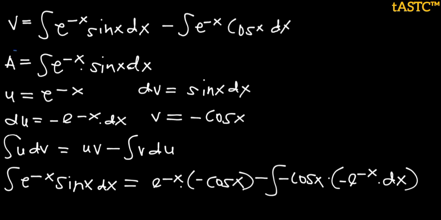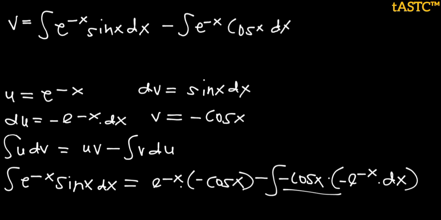So I'm going to take this out and rewrite it up here. Now on this part, you can see that we have a negative here and another one there, so they would get multiplied and that would make it positive.